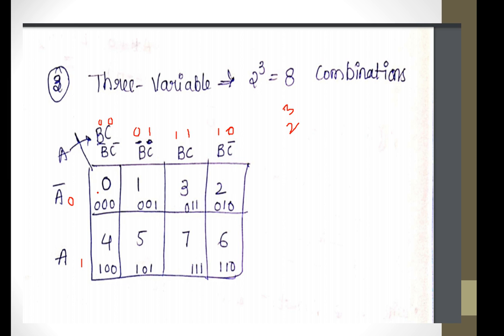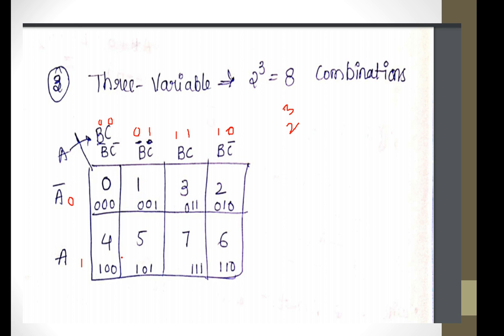For example, the first cell is A bar B bar C bar, that means 000. The second cell in this row is A bar B bar C, that means 001, value 1, and here A bar B C, 011, that is 3, and in the fourth cell A bar B C bar, that means 010, that is 2.